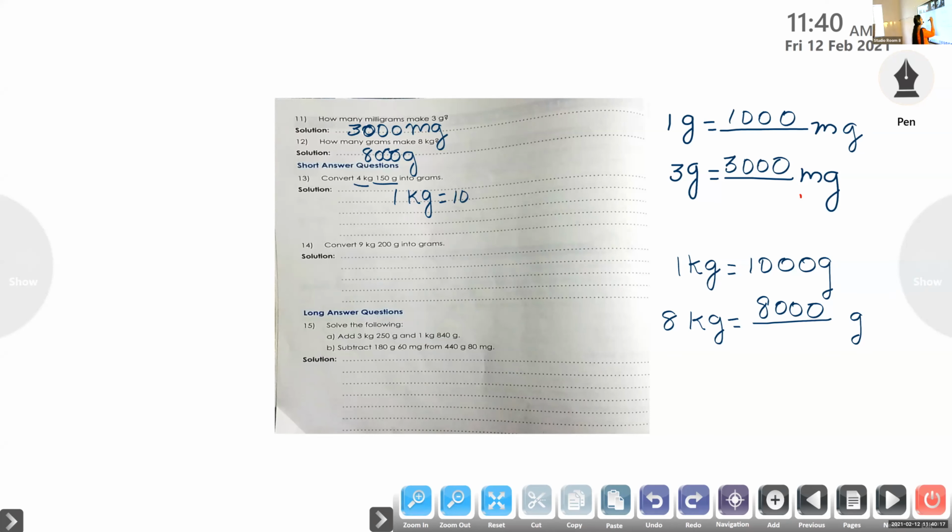No hundreds here, only thousands. 1 kilogram is equal to 1000 grams. So 4 kilogram is equal to how many grams? 4000 grams. Very good. 1 kilogram equal to 1000 gram. So 4 kilogram is equal to 4000 gram.